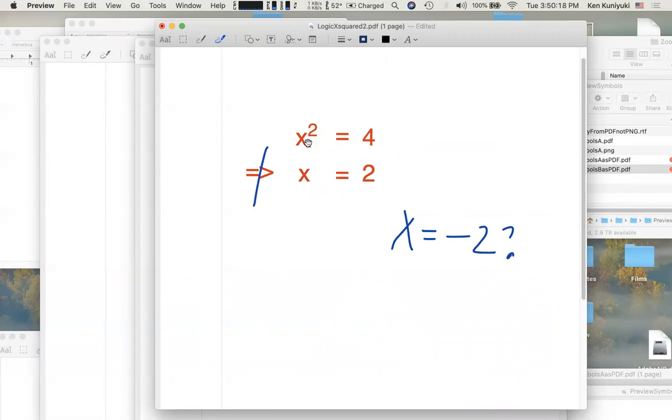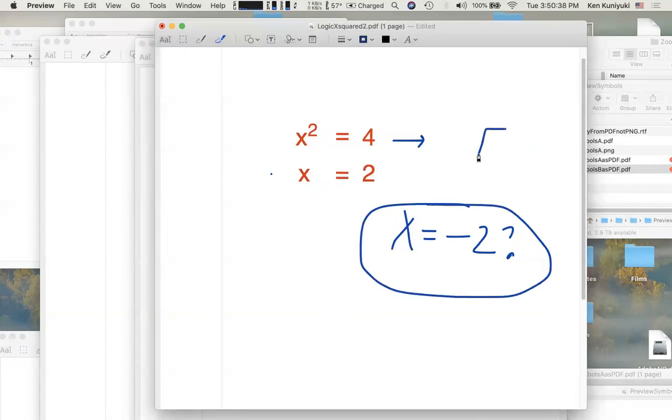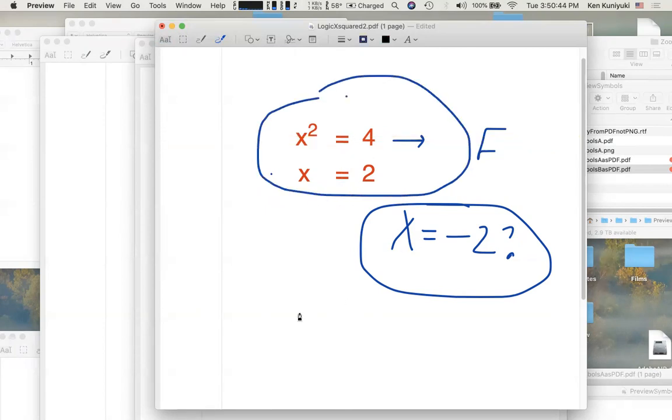And overall, if you say if x squared equals 4, then x equals 2, that would be a false statement because we have a counterexample.